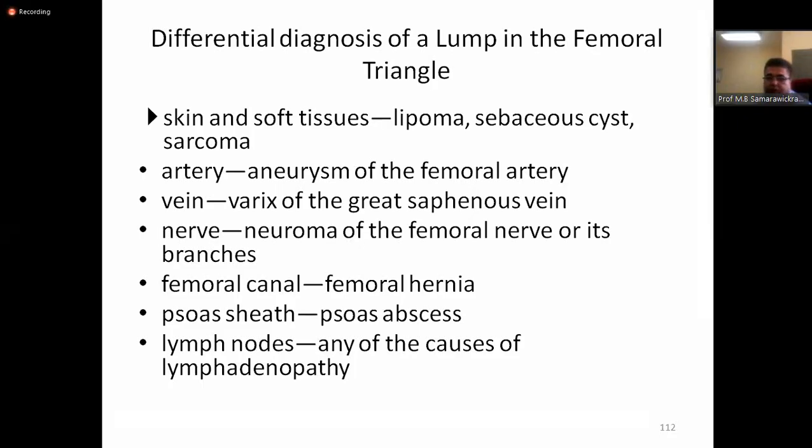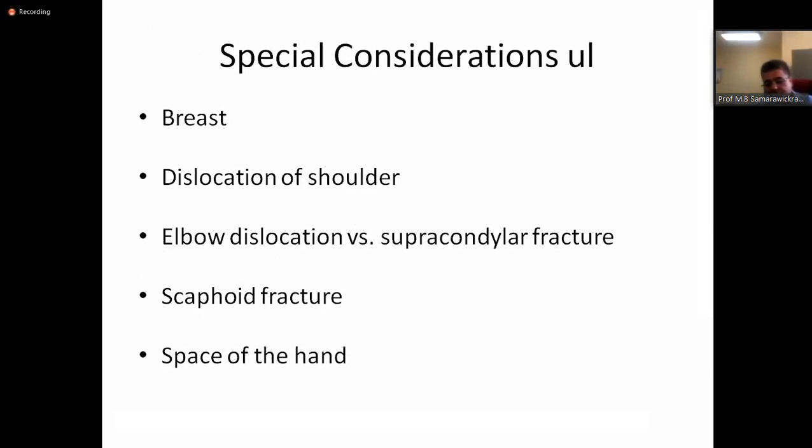Skin and soft tissues: lipoma, sebaceous cyst, and sarcomas. Artery: aneurysm of the femoral artery. Vein: varix of the great saphenous vein. Nerve: nerve tumors, neuromas. Femoral canal: you can get a femoral hernia. And the psoas sheath is there, so psoas abscess. And lymph nodes: any causal lymphadenopathy, right? Lymph nodes can enlarge.